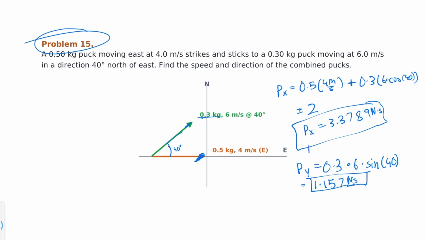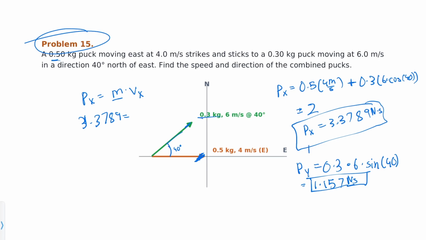Now, we're going to look for the combined speed and direction of these pucks. So like I said, px was equal to m times vx. Px here is 3.3789. What's our total mass? Since they stuck together, it's an inelastic collision, right?